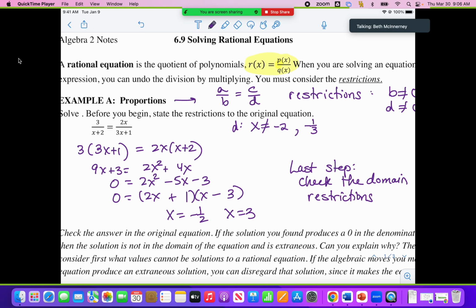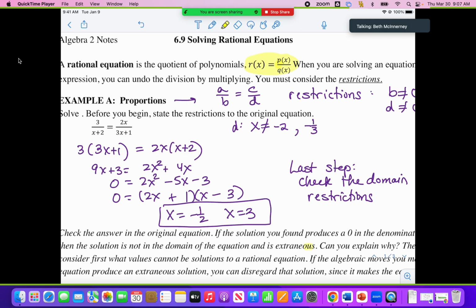Those are not my solutions, so that's okay. So it says check the answer in the original equation. If the solution you found produces a 0 in the denominator of the original equation, then the solution is not in the domain of the equation and is extraneous.